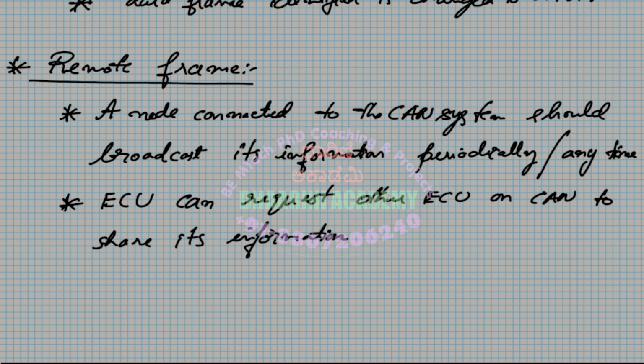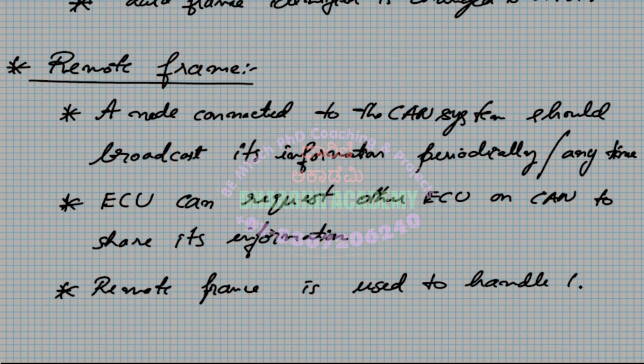It is possible. Two things are possible. This particular request is done through the remote frame. So the remote frame is used to handle the requests. Such a request we try to handle through what is called a remote frame.